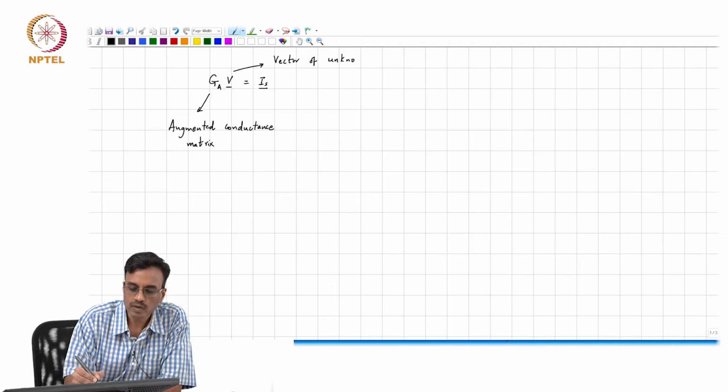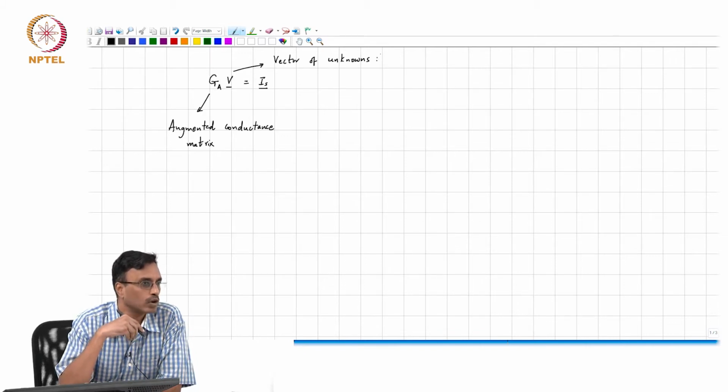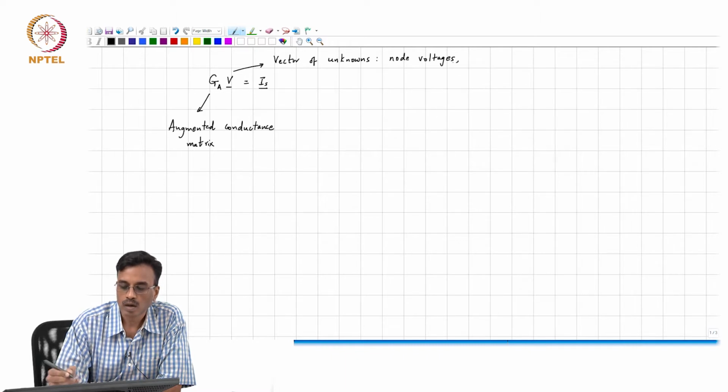And what are the unknowns? All the node voltages and currents through the voltage sources.